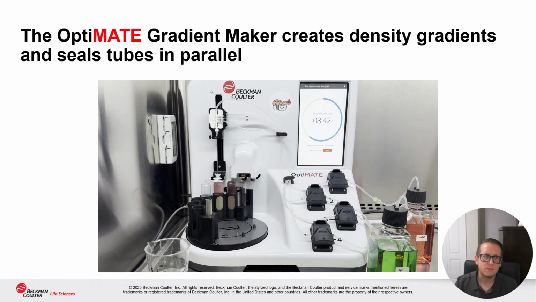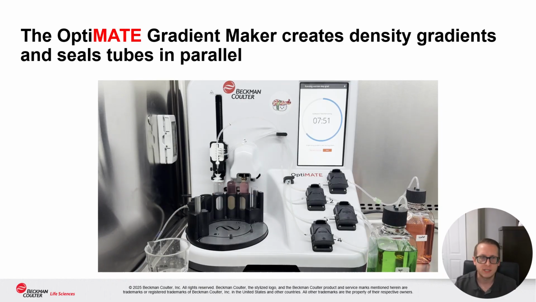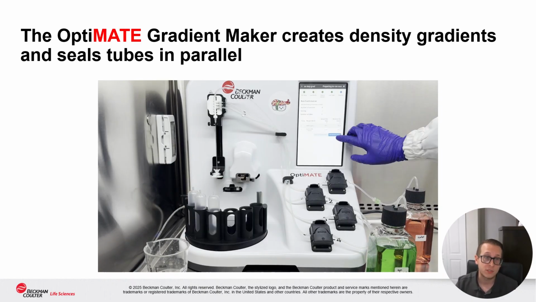And once it moves to dispensing the 3rd tube, as you can see, it now begins to simultaneously seal the first one. So this also eliminates one of the more tedious and variable parts of the workflow to drive consistency, not only from tube to tube, but across replicates, runs, operators.